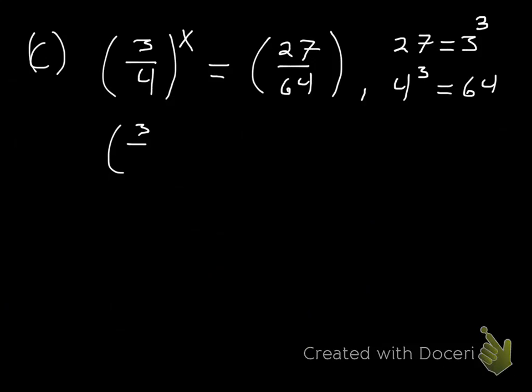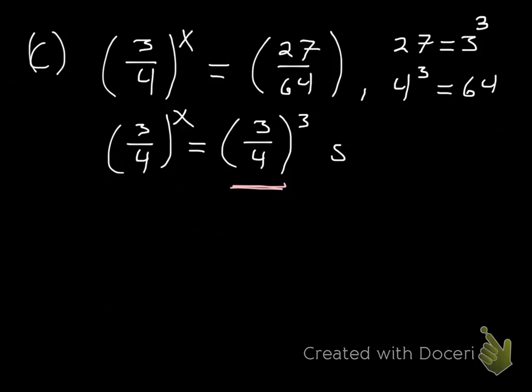And then we'll go ahead and rewrite. Okay, 3 cubed is 27, 4 cubed is 64, so this part's good. Because exponential functions are one-to-one, we can go ahead and equate the exponents. So x is equal to 3.